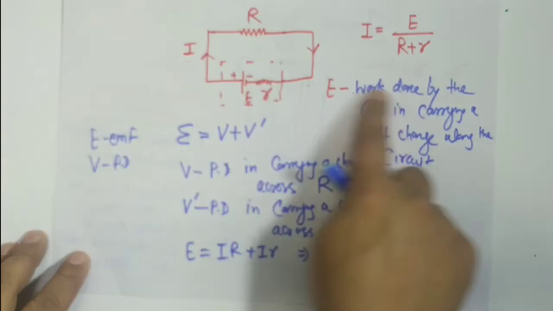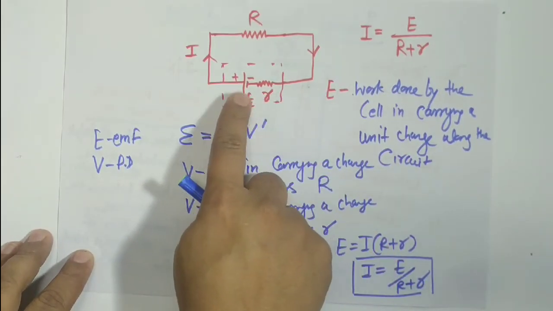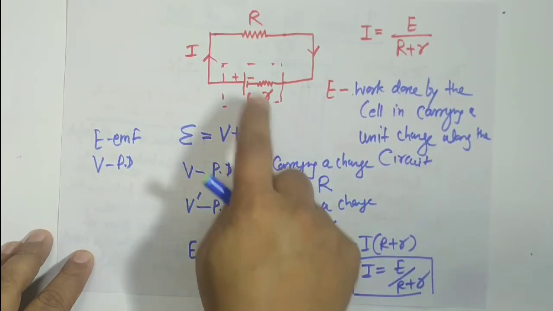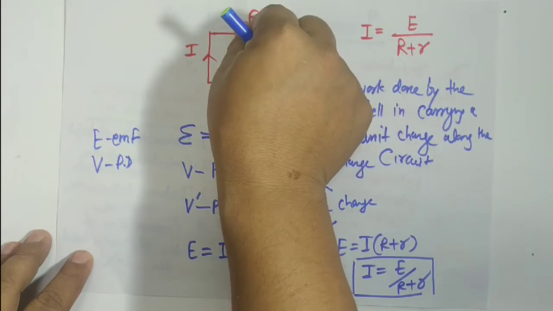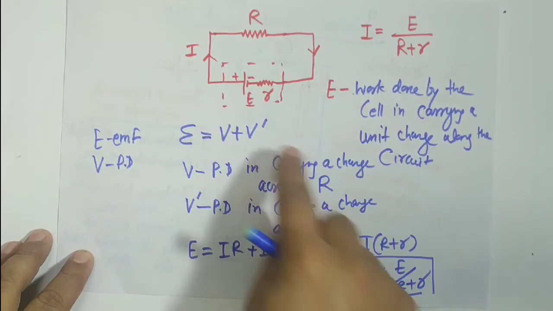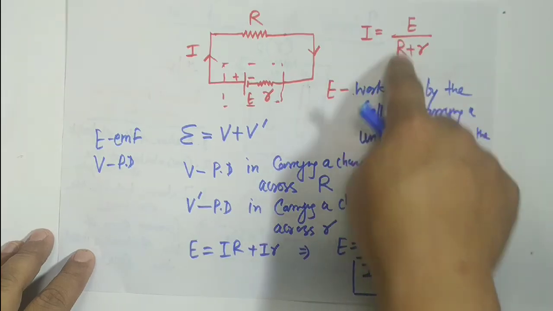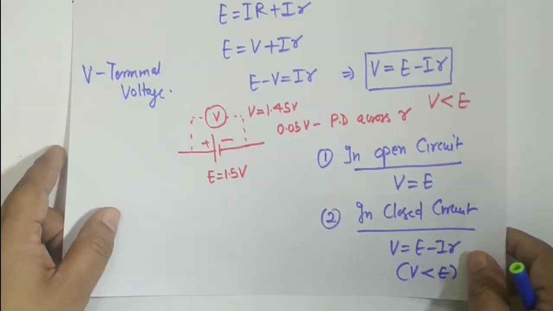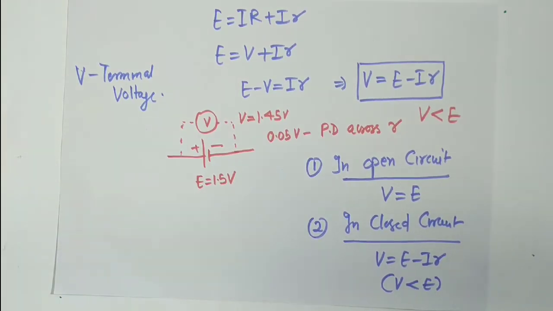Then what is EMF? It is actually V plus V dash, the potential across R and the potential across r. So you get this conclusion, and finally you get a relation between EMF and voltage. And then I will take a short numerical on this, very simple.